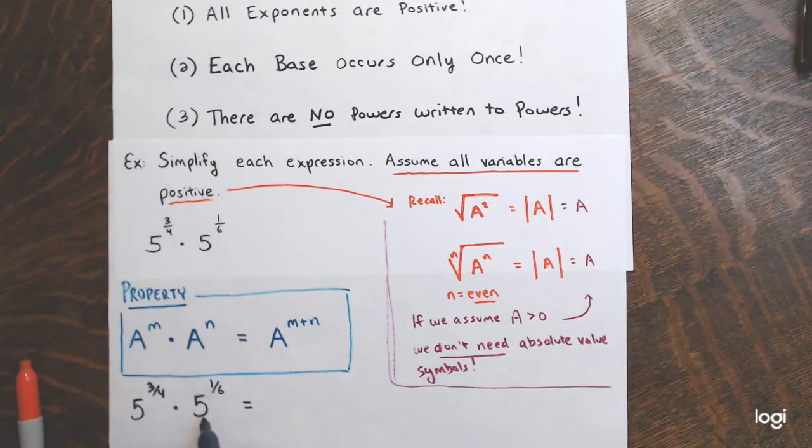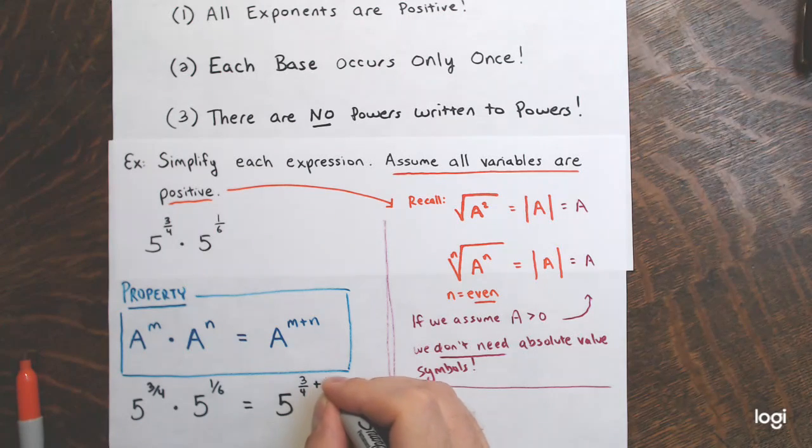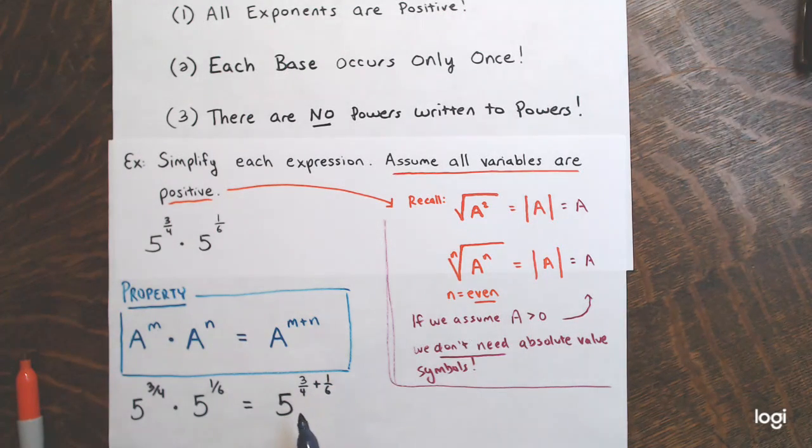I'm multiplying two things with the same base, so keep that base, and the new exponent is the sum of the previous two. So the new power is 3/4 plus 1/6. I'll write it really tiny, making sure that's all in the exponent, so I have a base of 5 and an exponent of 3/4 plus 1/6.